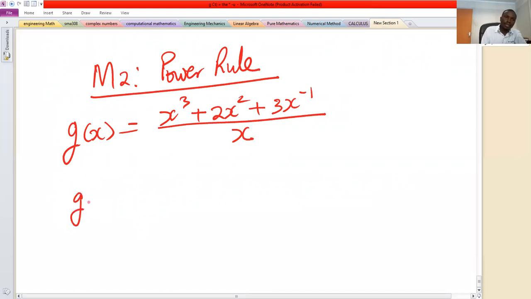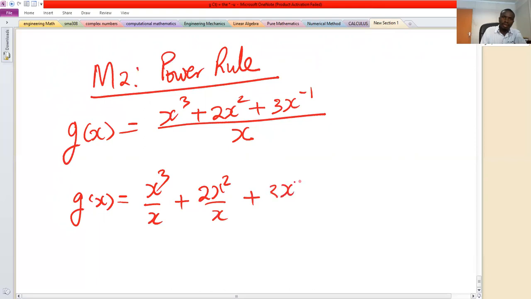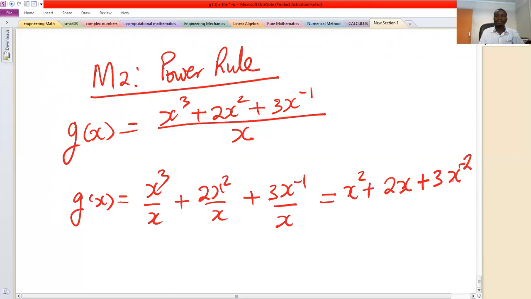So this is the same as g of x equals x cubed over x plus 2x squared over x plus 3x over x minus 1 over x, which is the same as x squared plus 2x plus 3 minus x to the power minus 1, just using laws of indices.